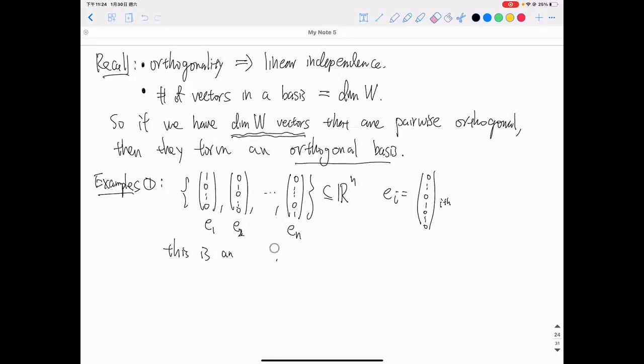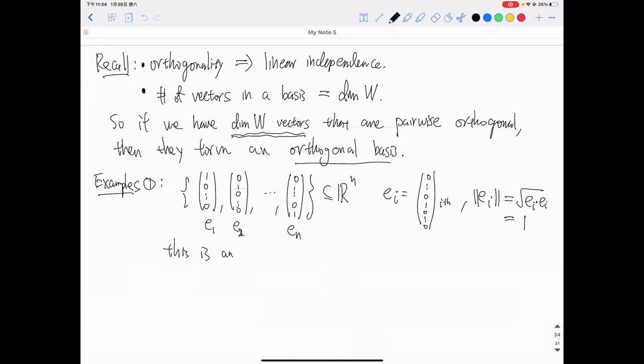Well, before that, there's something else to say. If you compute the length of e_i, you will see that the length of e_i is the square root of e_i dot e_i, which is 1, because e_i dot e_i is 1.